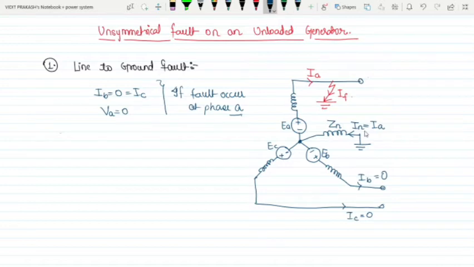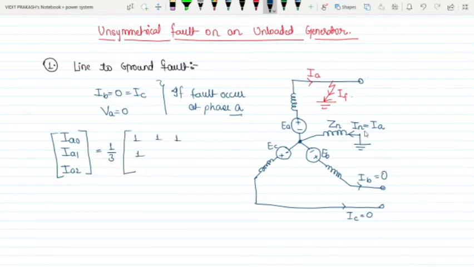Now what will be the symmetrical component here? IA0, IA1, IA2. What will be the symmetrical component here? That will be 1 by 3 times the matrix with rows 1 1 1, 1 A A square, 1 A square A, right?